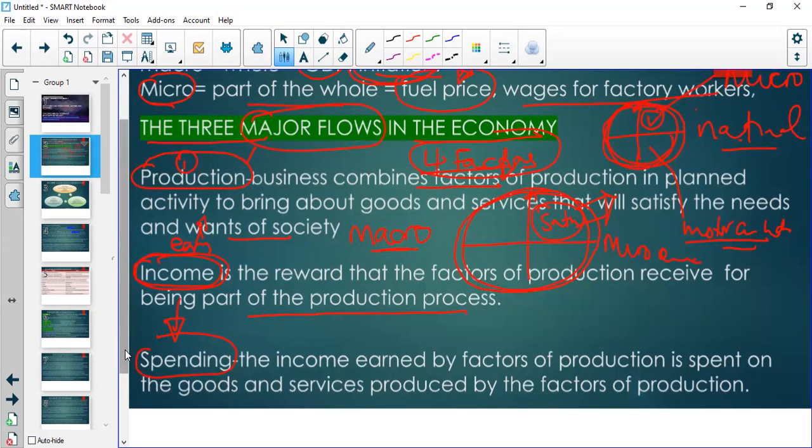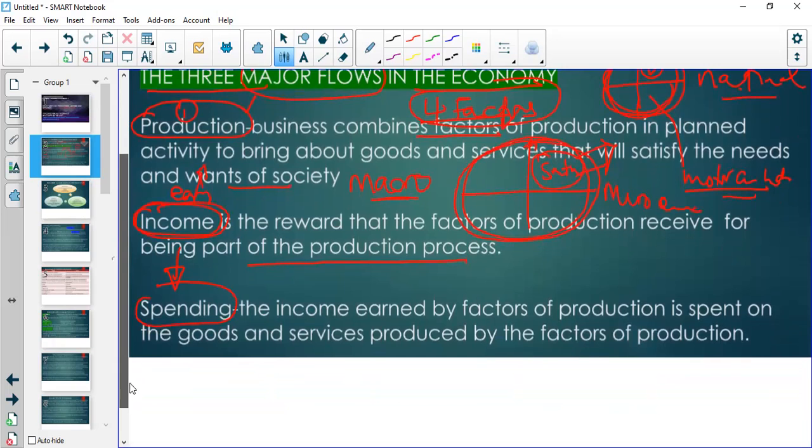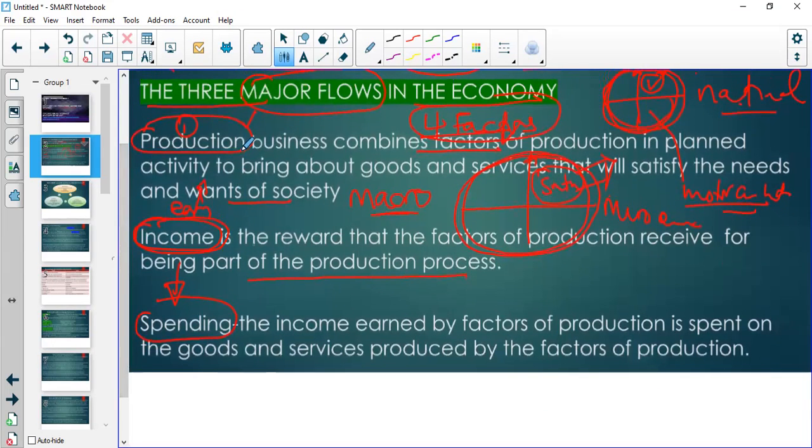If you look here, it's all combined. What you produce, you produce using factors of production, then there's a reward for those factors of production. Then from what is produced, we now have income. We're going to spend that income on the things that have been produced. So production, spending, and income is more or less the same thing.